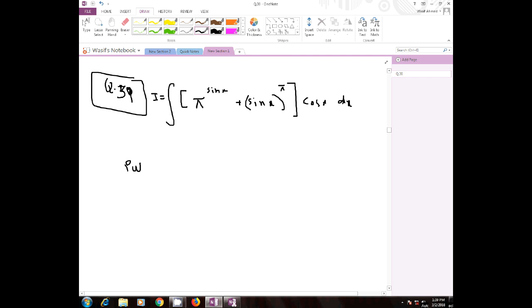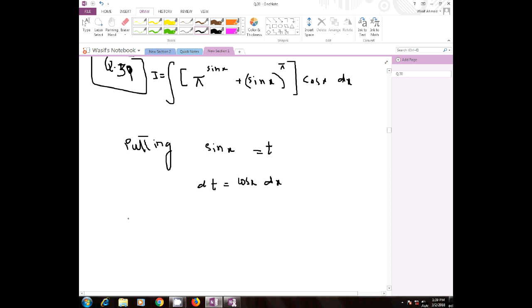If you put sin x is equal to t, then obviously dt is equal to cos x dx, so that your problem becomes a simple problem.